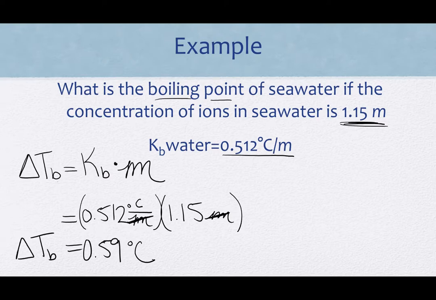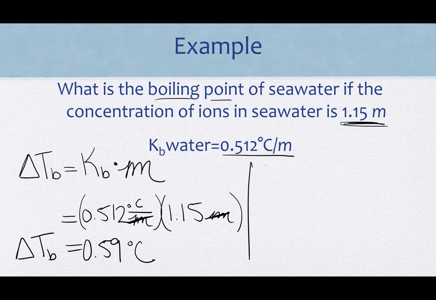Okay, so that is the temperature change. But let's read this problem carefully. It is not asking us what is the change in temperature, what is the change in the boiling point. What it's asking us for is the boiling point, okay? So we have to go one step further.